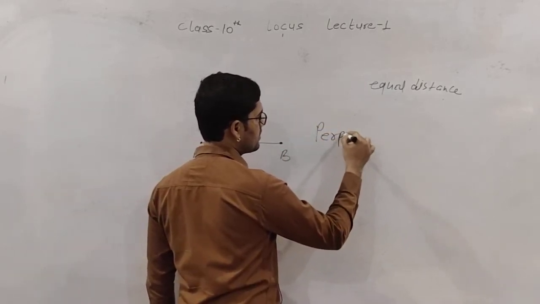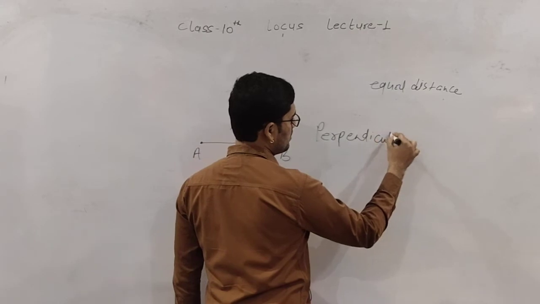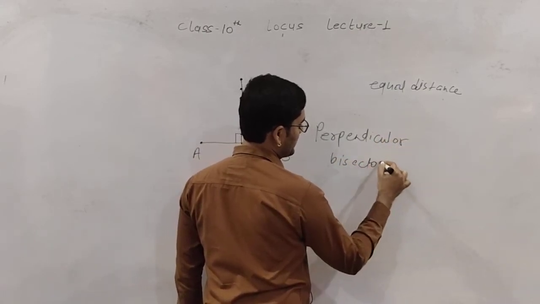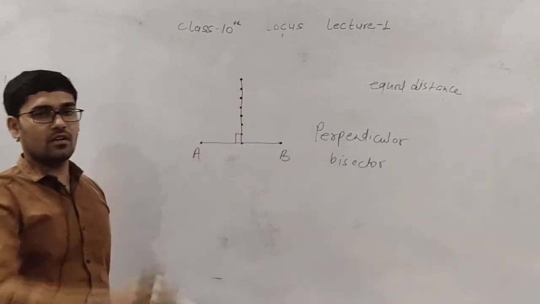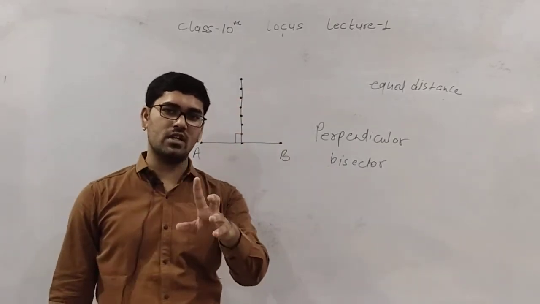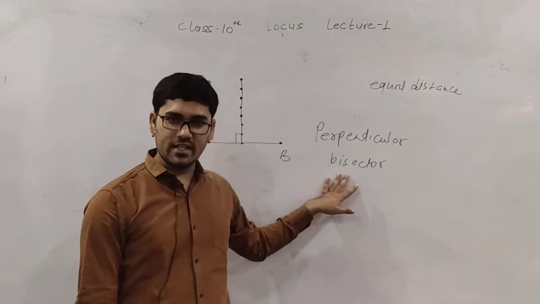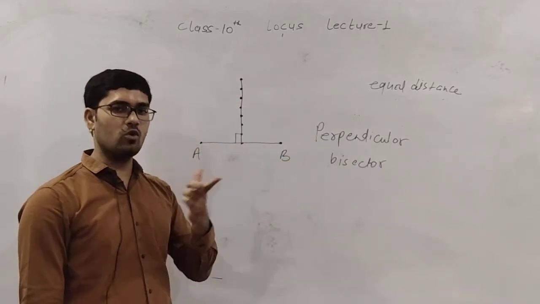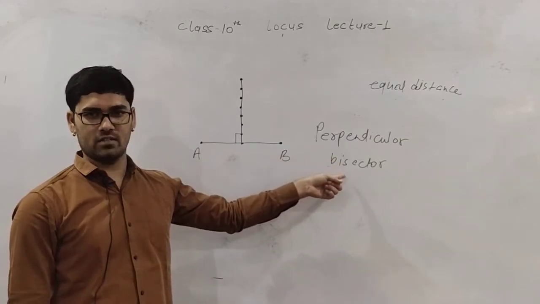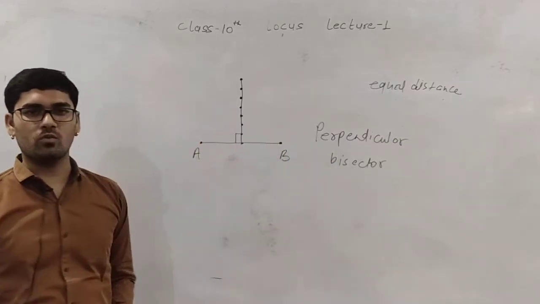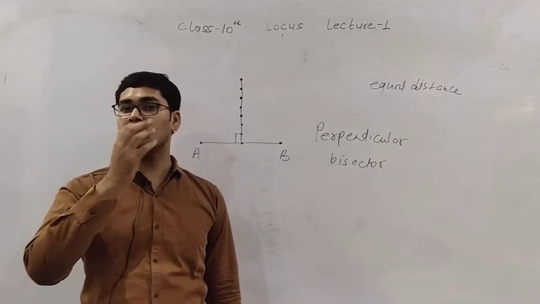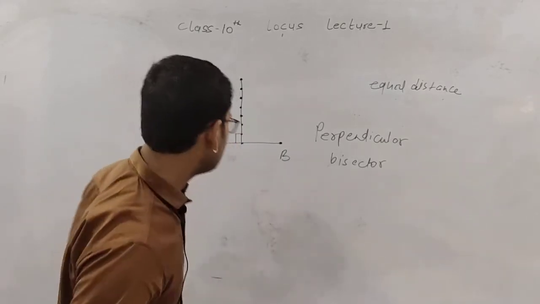The perpendicular bisector. Like in the previous one-point locus, the locus was a circle, for the 2 points the locus is a perpendicular bisector. Now if I increase the points to 3 points, then what?